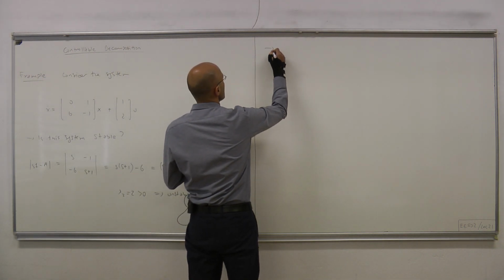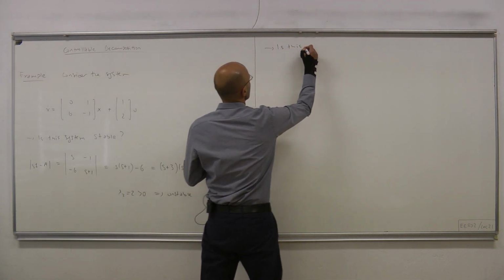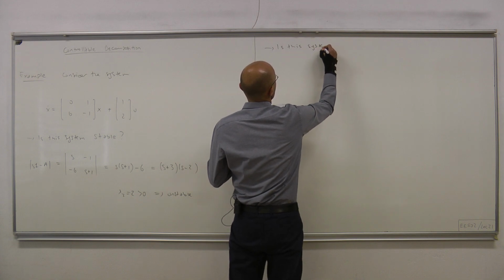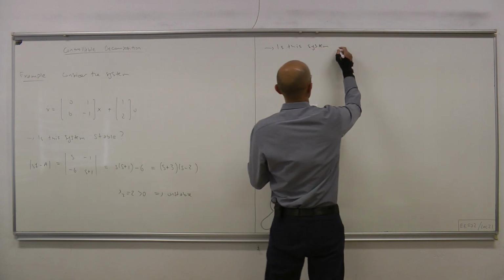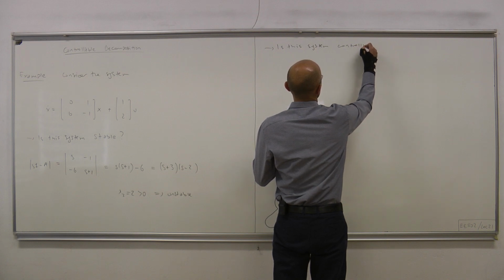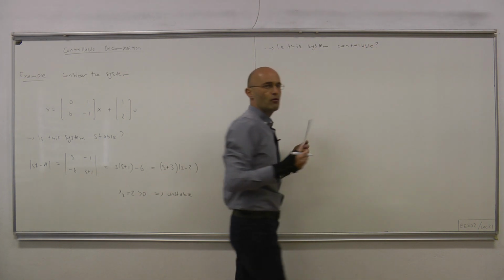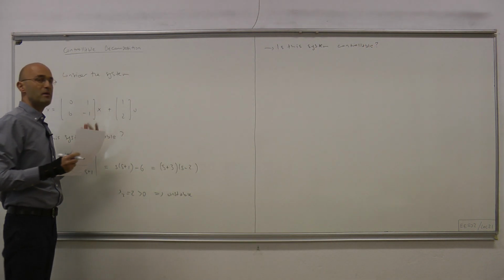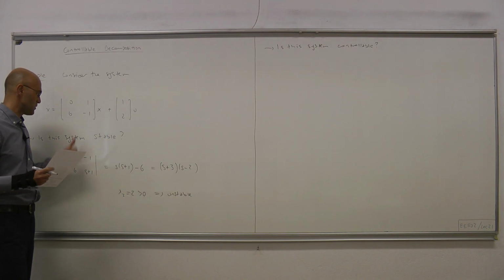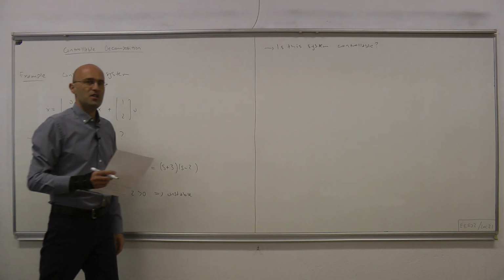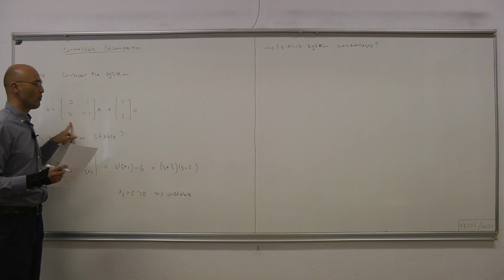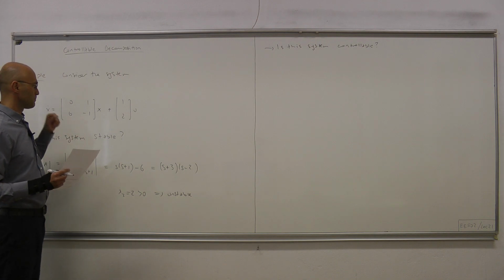Now let's also have a look at its controllability properties. In other words, is this system controllable? There are many ways we can check controllability, but since it's a second order system, it seems simplest to form the controllability matrix.